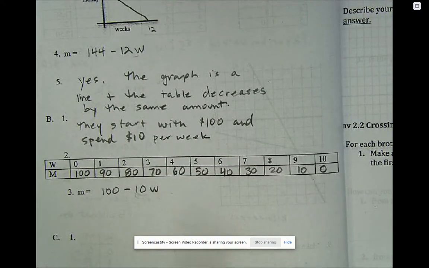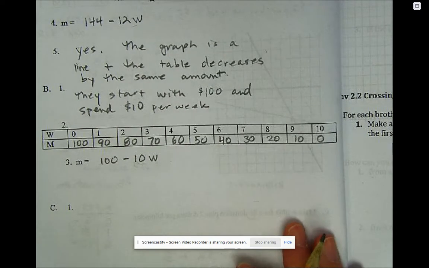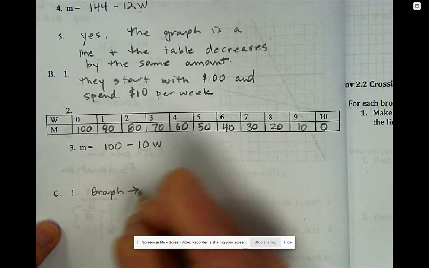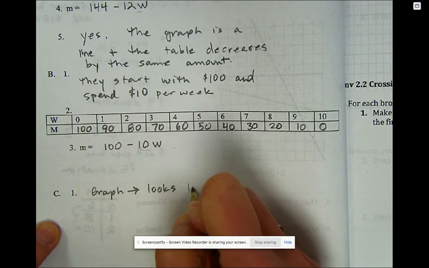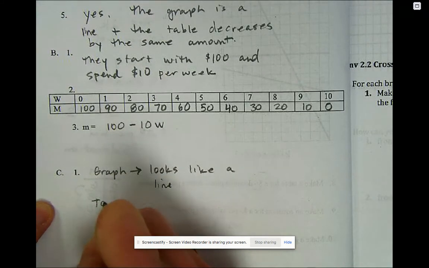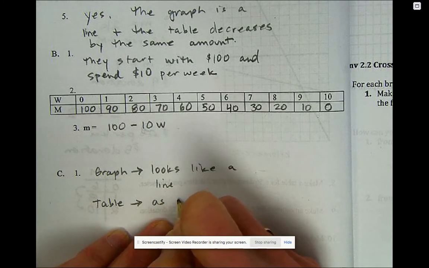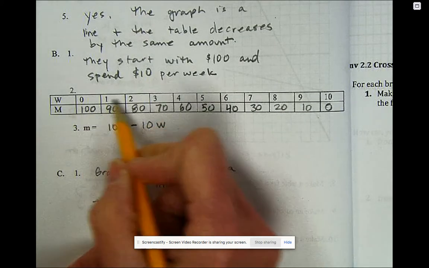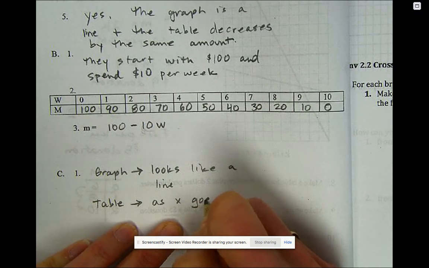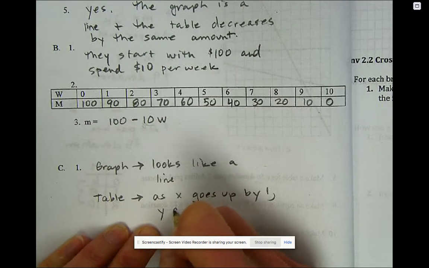Okay, and then the last question is C number 1. It says, how can you determine whether the relationship is linear from a graph, a table, or an equation? Okay, so from a graph, it looks like a line. From a table, as x, the first variable, goes up by 1, y goes up by the same amount.